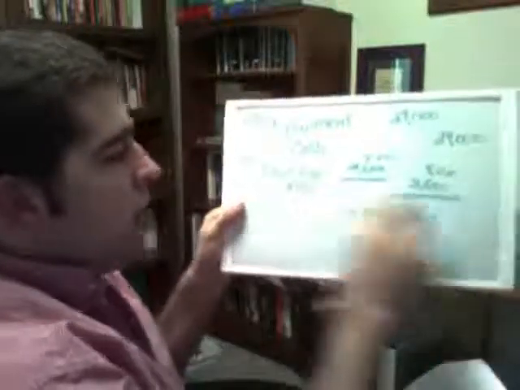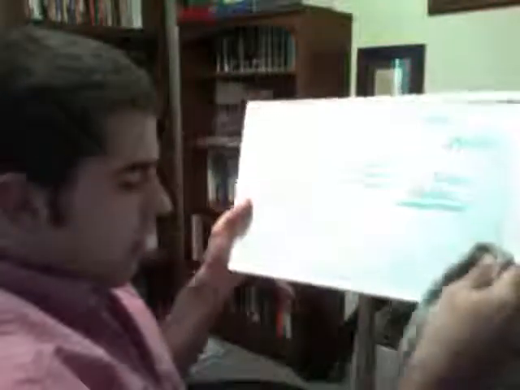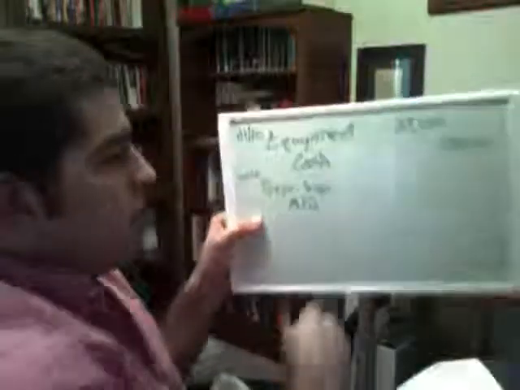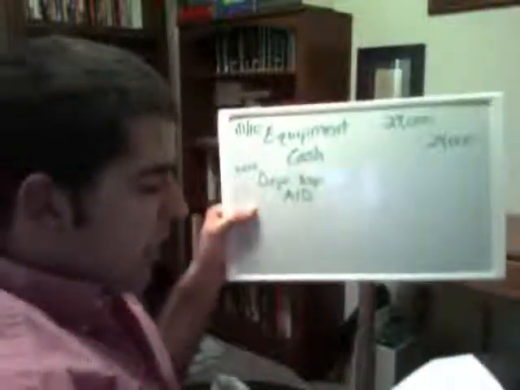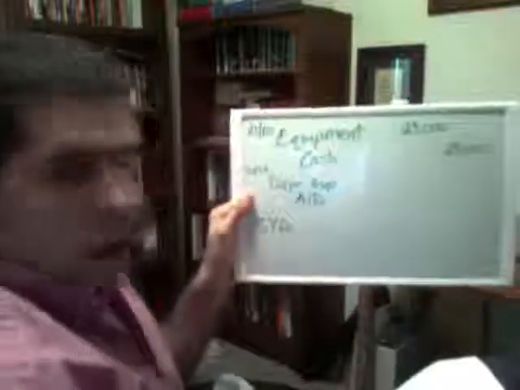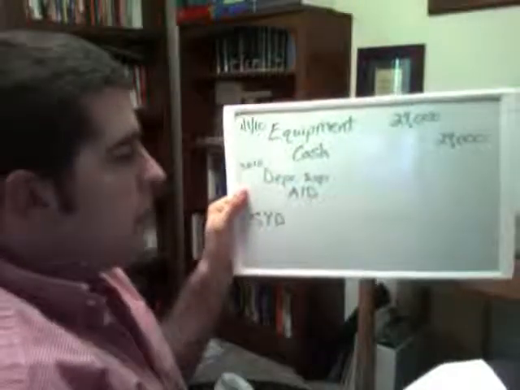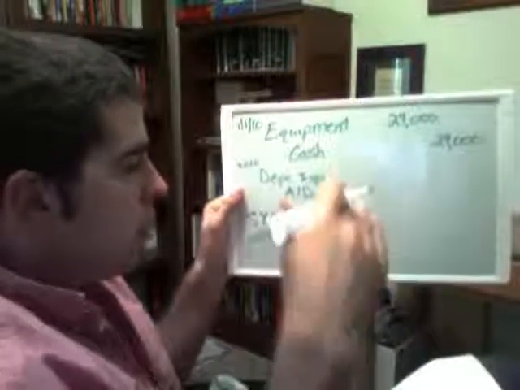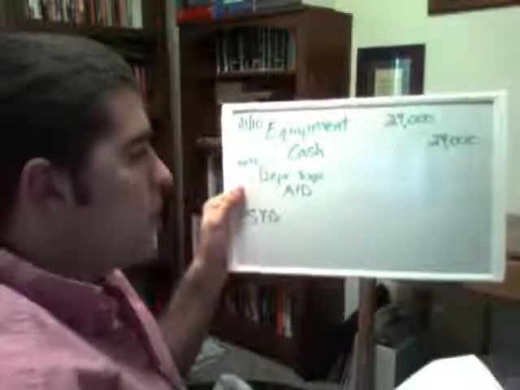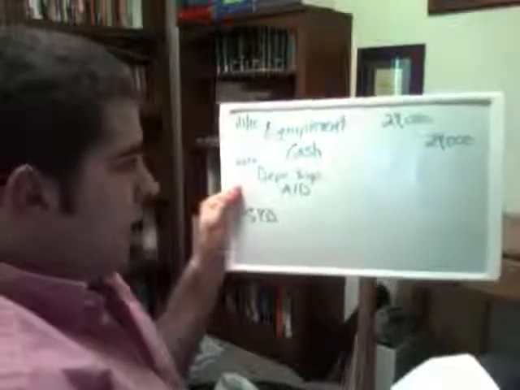So the final method, I don't know if this is really discussed in the book, but this is something that you definitely want to know. You'll see this a lot later on. Sum of the year's digits, SYD. Essentially this is a similar method to the double declining balance, in that it decreases the amount we take each year, but it's less severe.